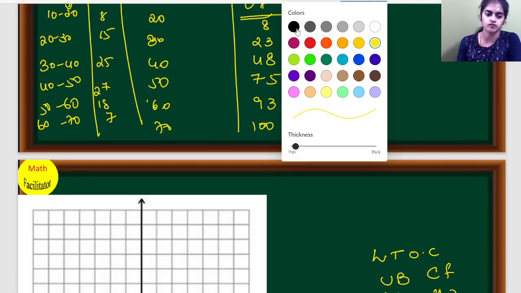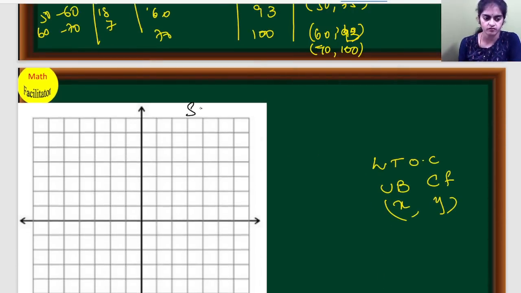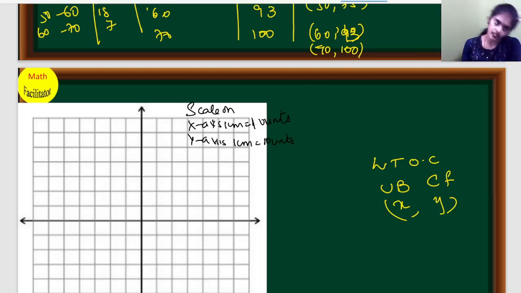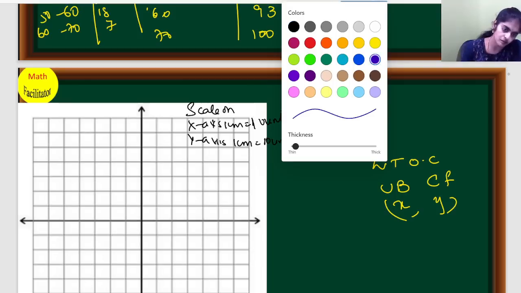Now here the values are so big: 20, 30, 23, 40, 48. So the units are too long, let me make it 10 units. On the y-axis also, 1 centimeter equals 10 units. Let me mark the points here.